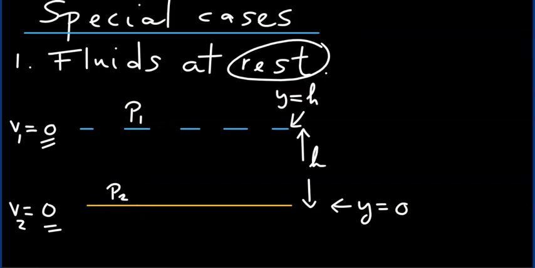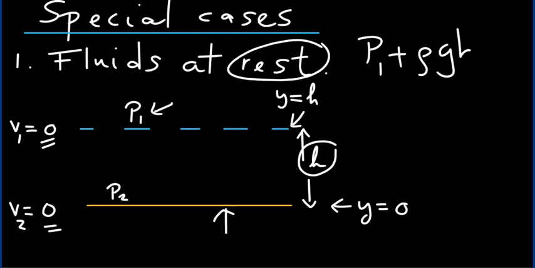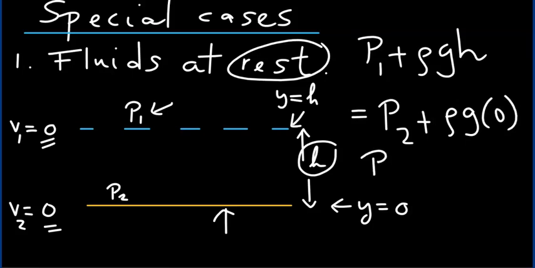So Bernoulli's equation says the pressure at the surface, P1, plus, since the velocity is 0 at the surface, there is no kinetic energy term there, but point 1 is at an elevation h from the bottom, so we have the potential energy term, rho g h, and that must be the same as the pressure at the bottom, P2, plus rho g times the elevation, which now is 0.